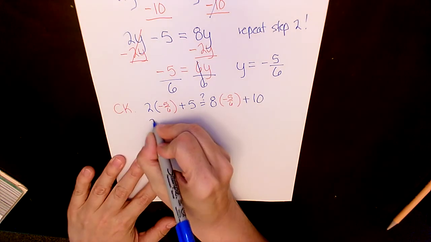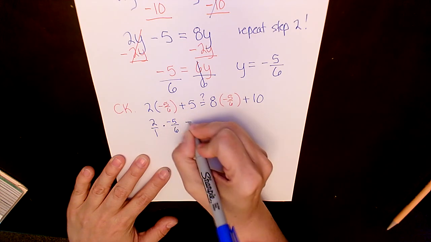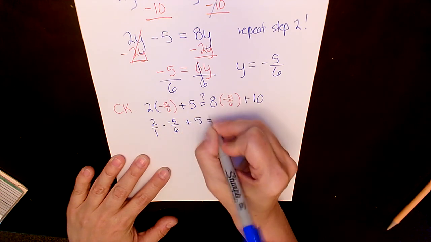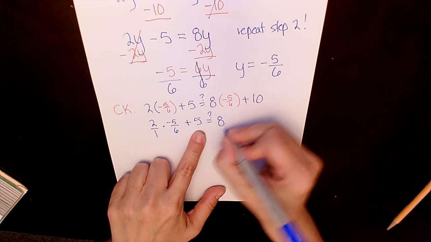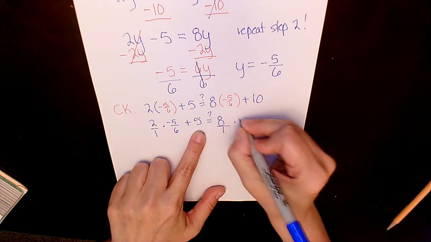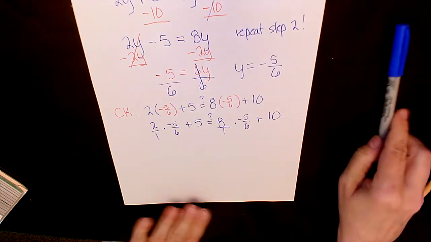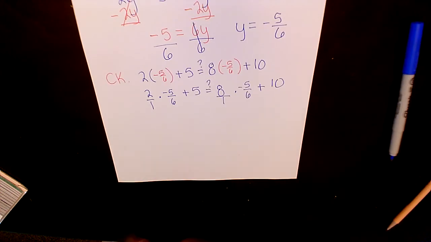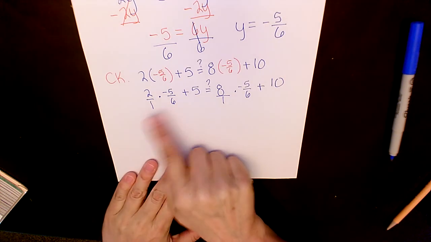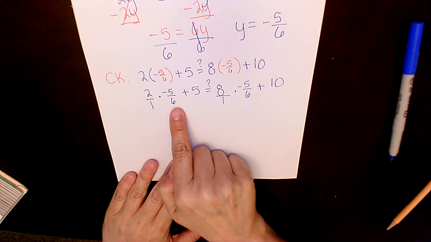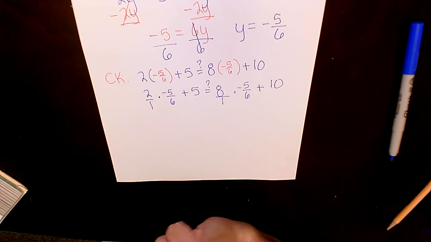Okay, I'm going to make this 2 over 1, and I'm going to multiply that by negative 5 over 6. I'm going to make this 8 over 1. And let's see if both sides come out to be equal. So, let's see, over here, I'm looking on the diagonal.